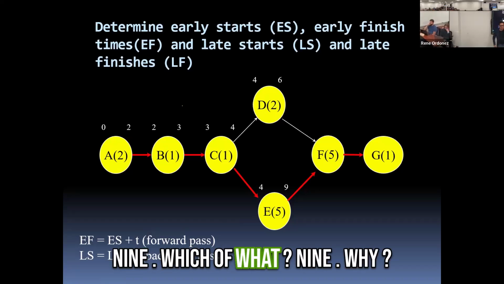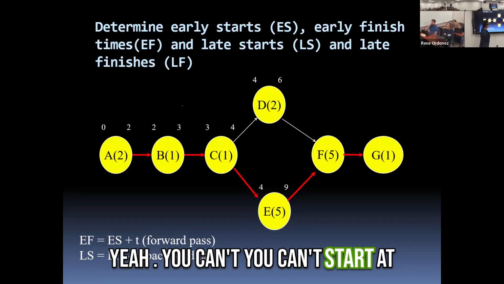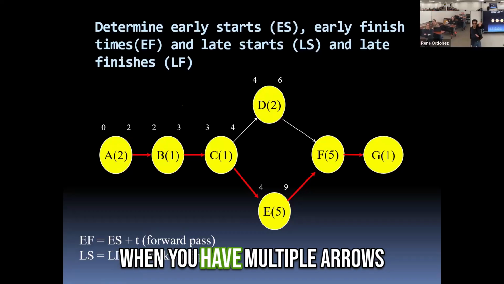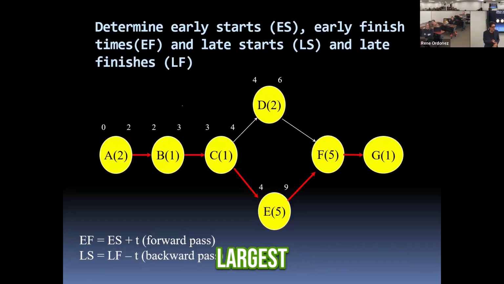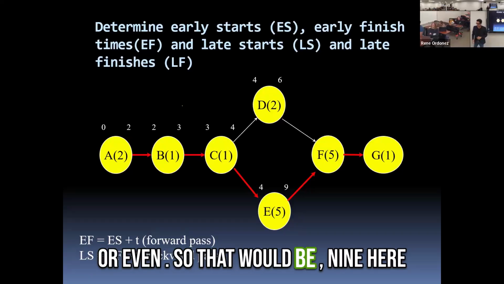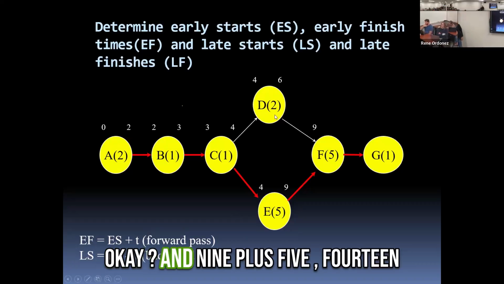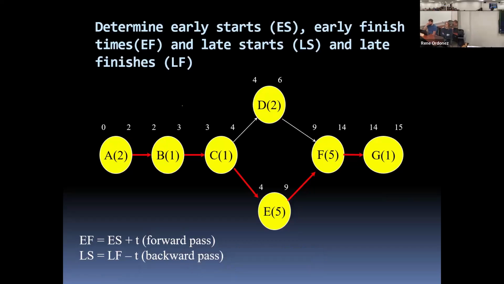Which do we use? 9, because E has to be done before it, and you can't start at 6 because E's not done yet. Correct. So in the forward pass, when you have multiple arrows leading into an activity, you use the largest early finish. So that would be 9 here. And 9 plus 5, 14. 14 plus 1, 15. So that's the early finish.